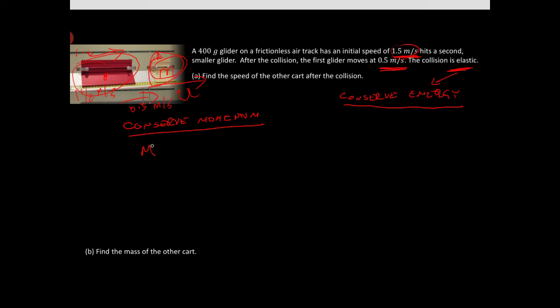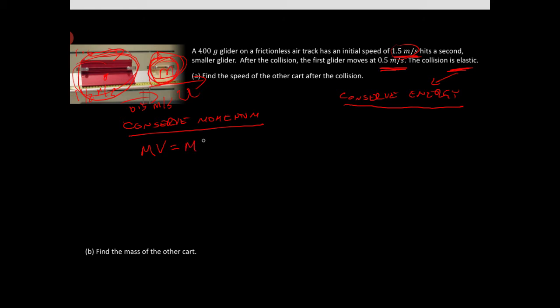So what we have is the mass times the velocity of the original one. I'll use capital letters for the larger block, plus the mass times the velocity of the smaller one, which is 0, because it's not moving. So that's the initial momentum of the system. All the momentum is in the motion of the larger glider. Afterwards, both of these guys are going to be moving, so that same amount of momentum is going to be shared between both of them.